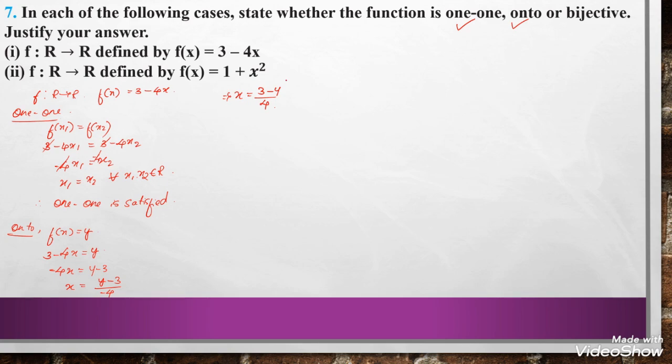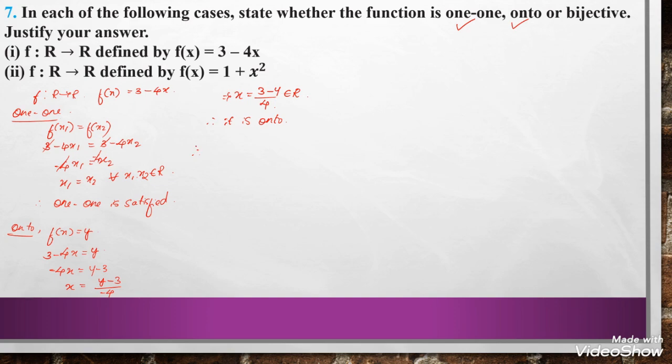So 3 minus y divided by 4 is also a real number. Whatever the value we have taken, say y is equal to 1, 3 minus 1 becomes 2, and 2 by 4, that is 1 by 2, is again a number in the set. Whatever values we take as y, you will get the same kind of number. Therefore, it is onto.